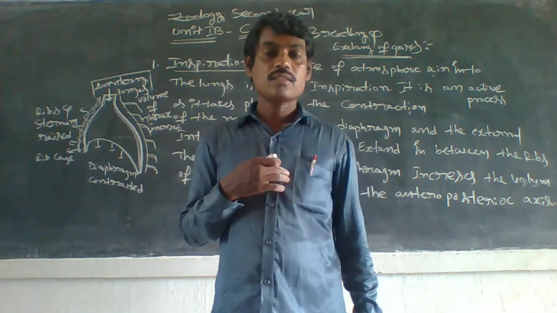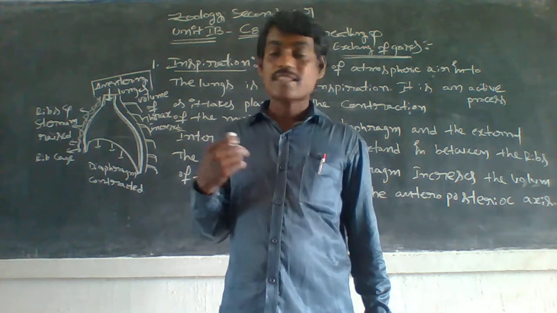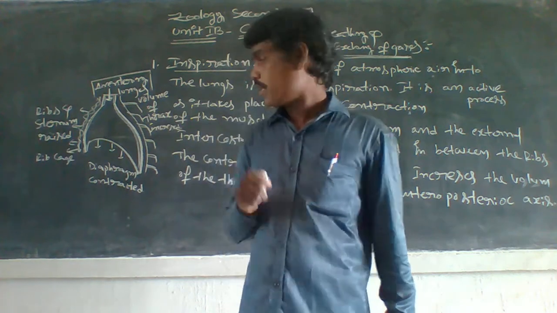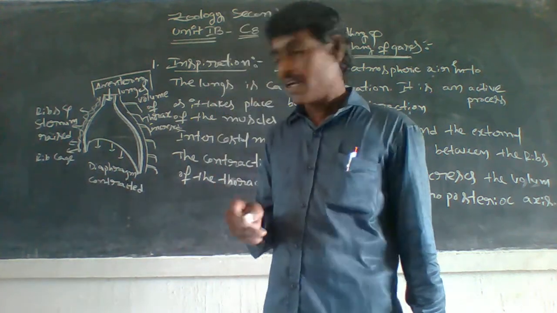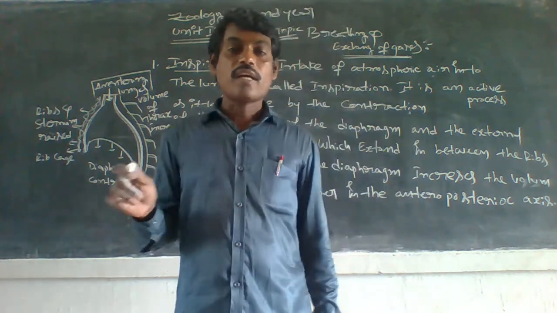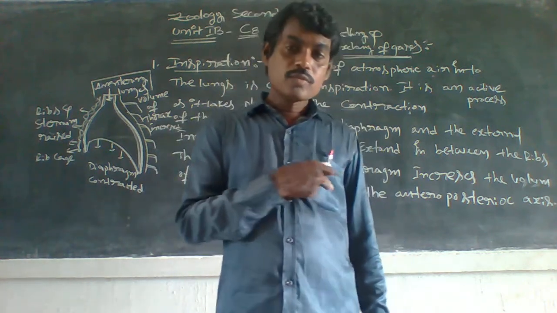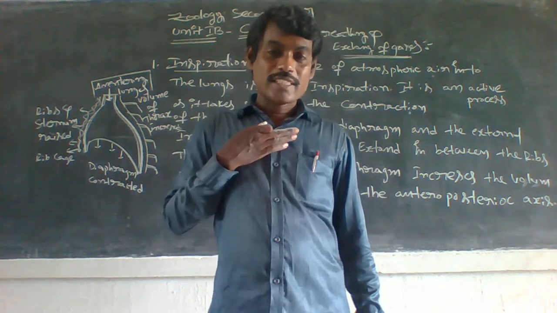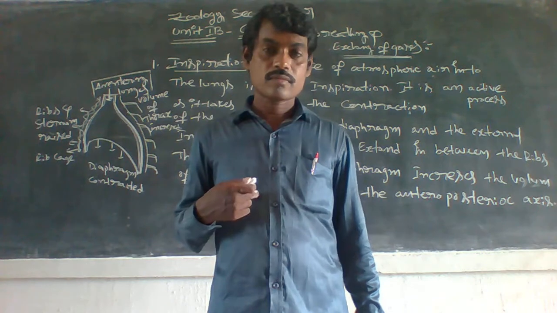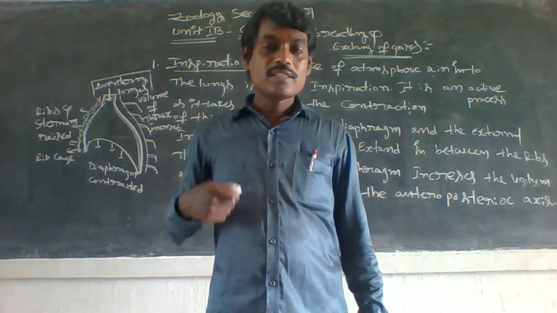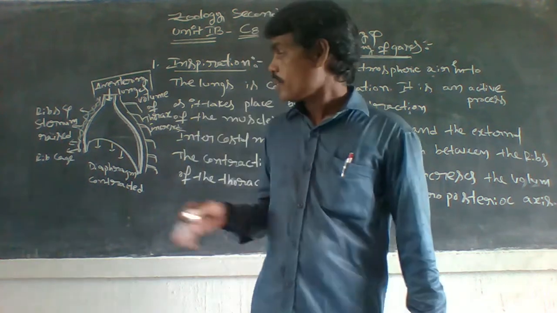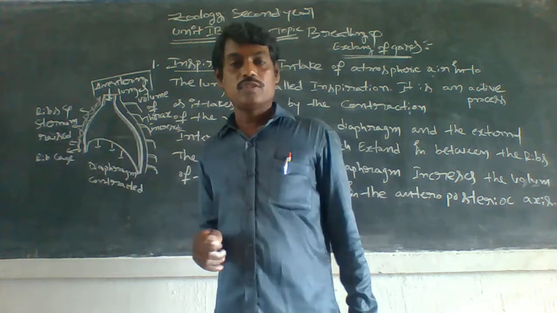This is also called the rib cage. At the same time, the diaphragm contracts. The diaphragm is a single layer that separates the thoracic region and the abdominal region.